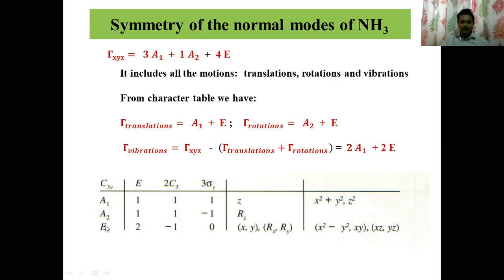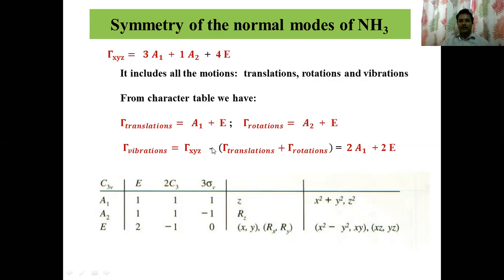So therefore this is E. So 2 is hiding here under E. So A1 plus E, that is basically the translation. Now for rotations, again you have to look at RZ, that is A2, and then E, again Rx and Ry. So that is going to be A2 plus E.